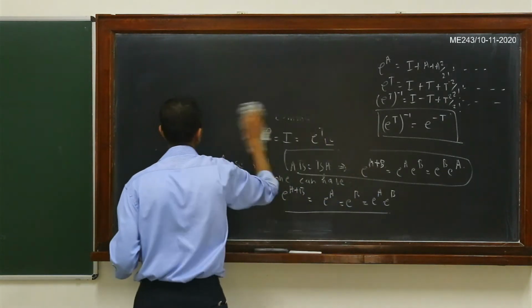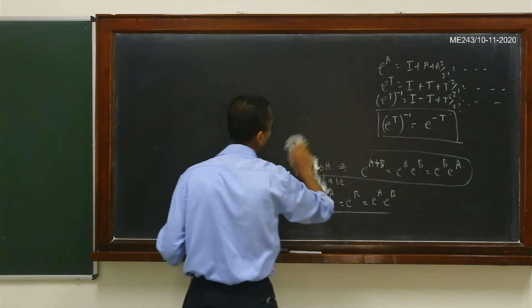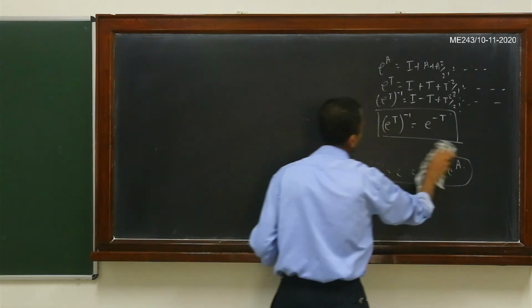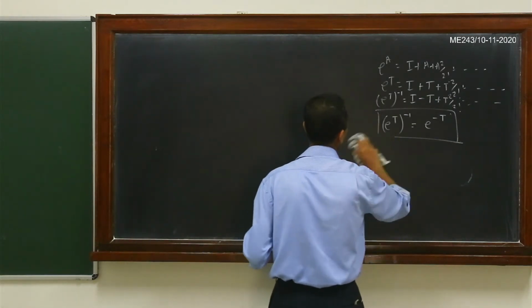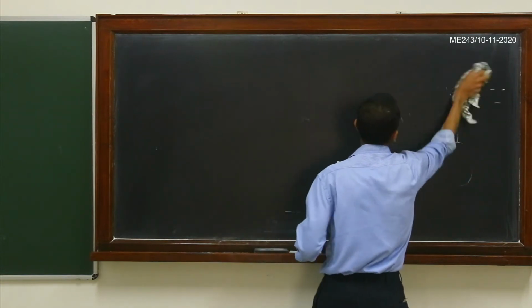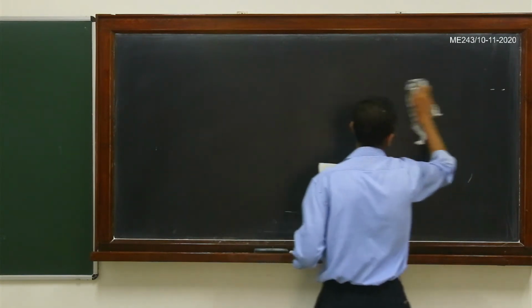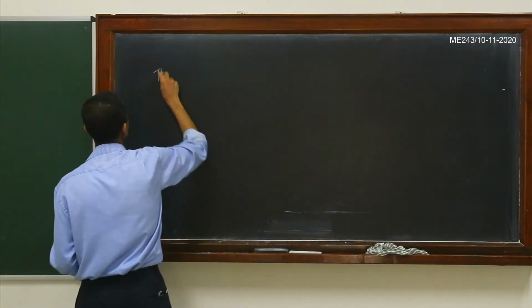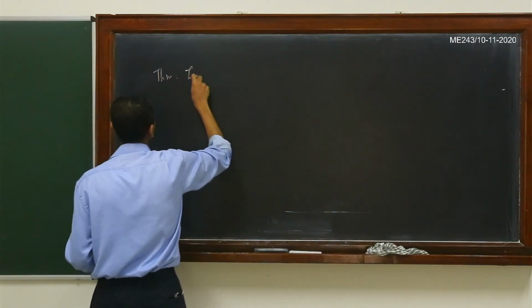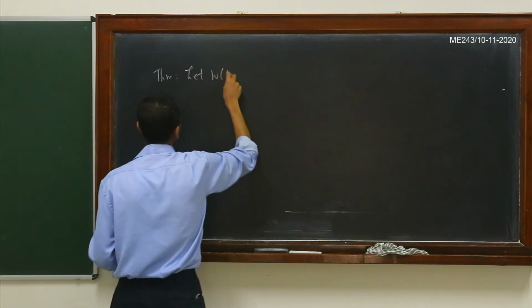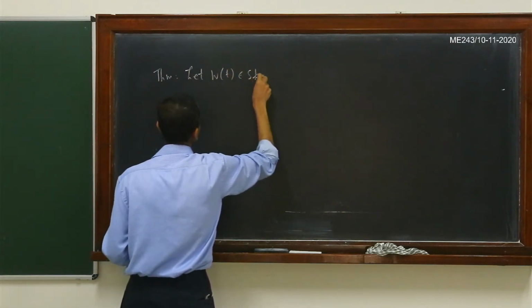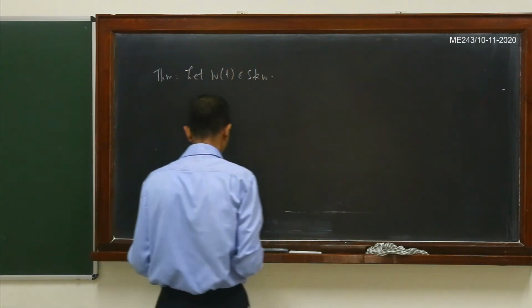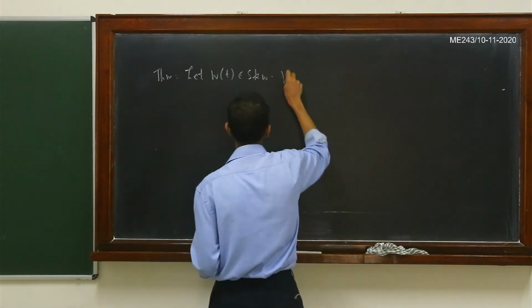So what about e to the w of t, where w is a skew symmetric tensor? Let us look at that now. Theorem: let w of t belong to skew for all t.